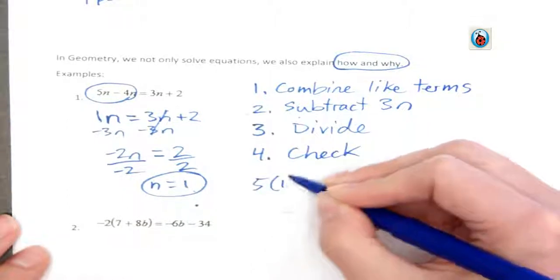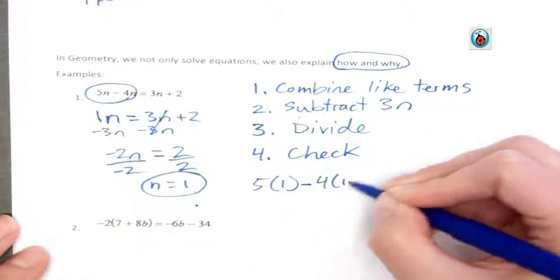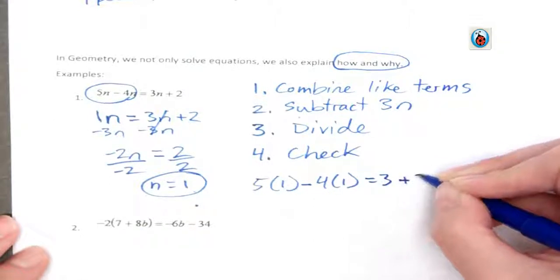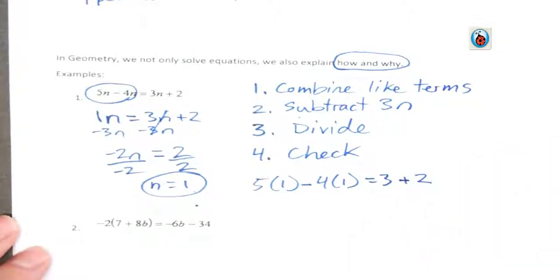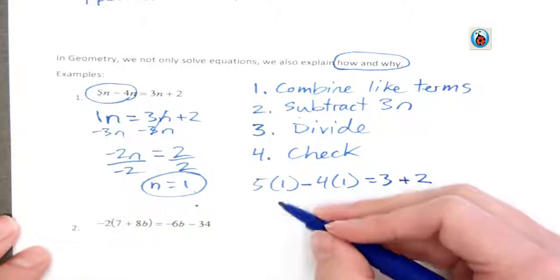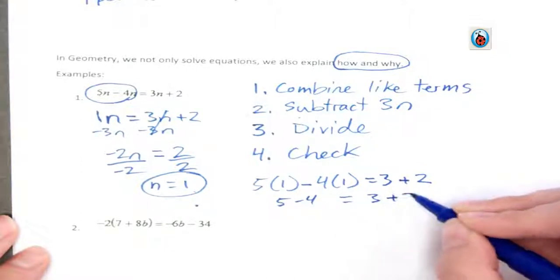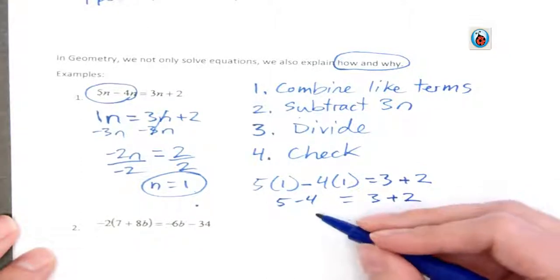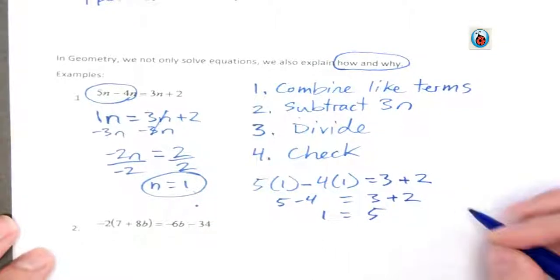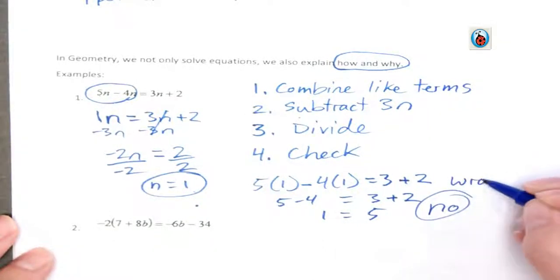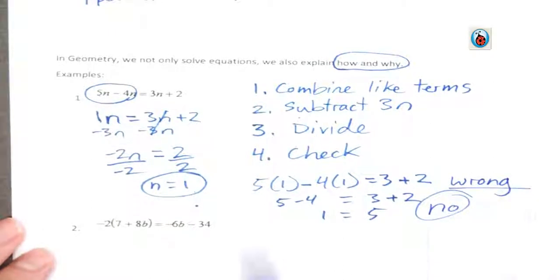So does 5 times 1 minus 4 times 1 equal 3 plus 2? And I check. 5 times 1 is 5 minus 4 equals 3 plus 2. That does not work. That gives me 1 equals 5. So no, that's wrong. So then I go back and check my steps.